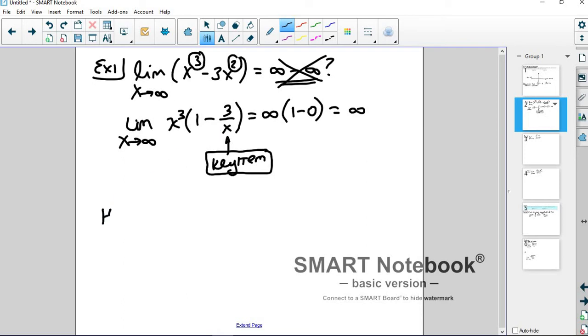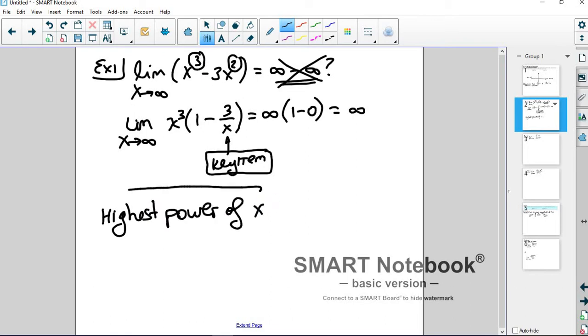So you're always looking for the highest power of x. Always want to look for that, and then factor out the highest power of x with the understanding that that's going to give you some x's in the denominator, ideally, and then you can use the key fact, the key item that we've been talking about, okay?